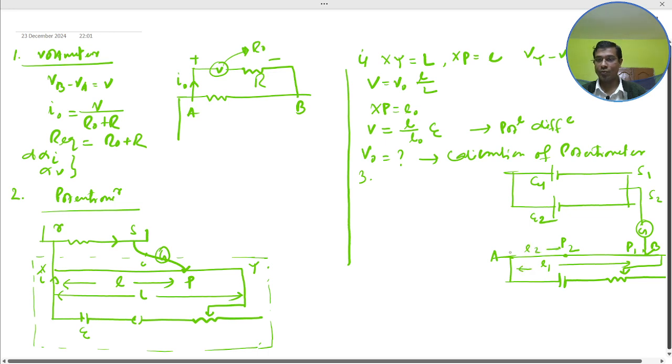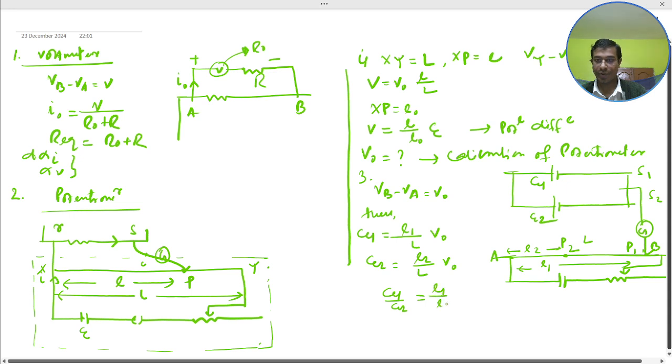This is L2, and AB is the length L, and the potential difference VB minus VA is equal to V naught. This relation is very important: epsilon 1 is L1 by capital L into V naught, epsilon 2 is L2 by capital L into V naught, and the ratio epsilon 1 by epsilon 2 is equal to L1 by L2.